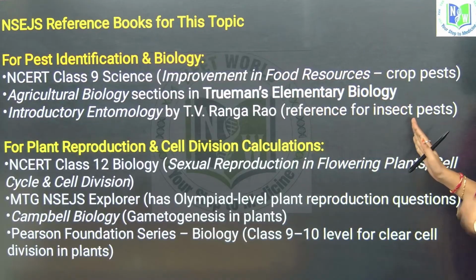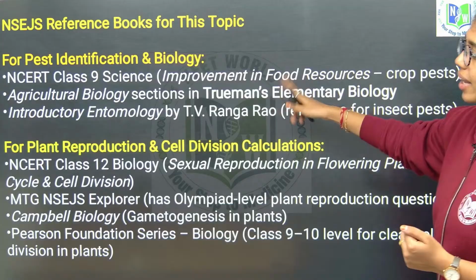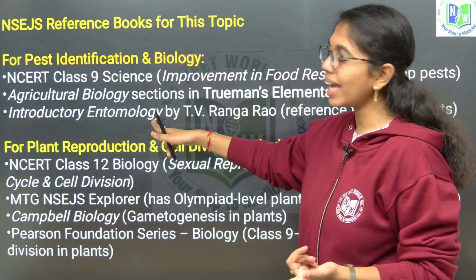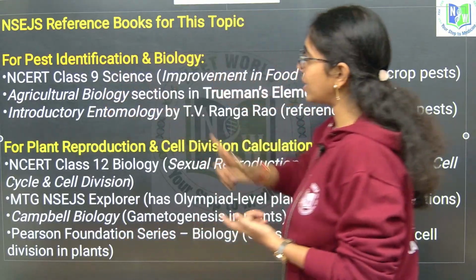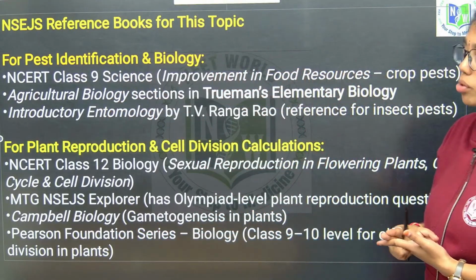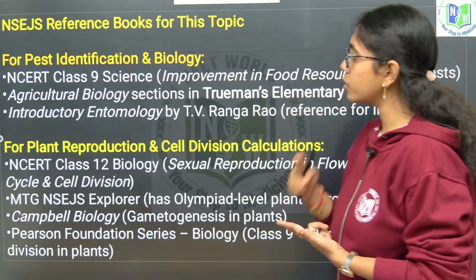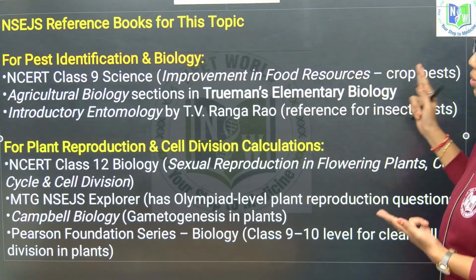This is the reference book for insect pests. You can refer to any of these. The 3rd book is heavy for you, so you can go for NCERT class 9 improvement in food resources, and also the agricultural biology sections in Trueman's Elementary Biology.